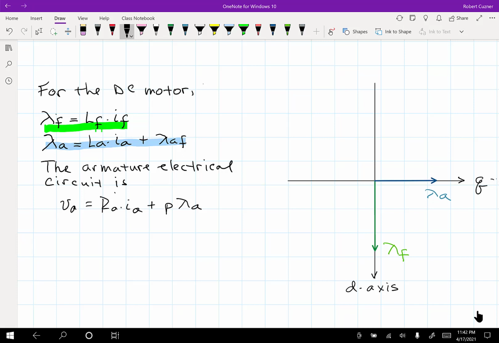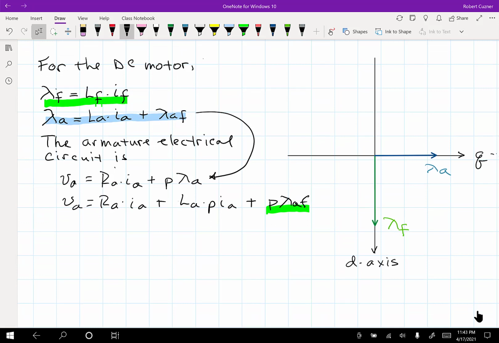So if we plug in this expression, we get this well-known expression that we've been using here. I'm not going to evaluate this yet, but we've got a derivative of the mutual flux linking the armature to the field. And I want to focus on that for the moment.